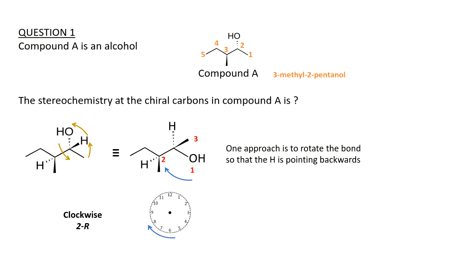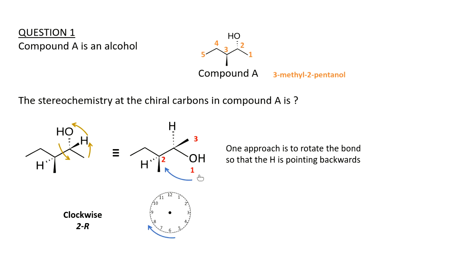And so you would have to rotate the molecule so the hydrogen is at the back. Having done that, as shown on the screen, we have rotated about this bit. And so we have now put the hydrogen behind. The OH is in the plane and the methyl group is coming towards you.